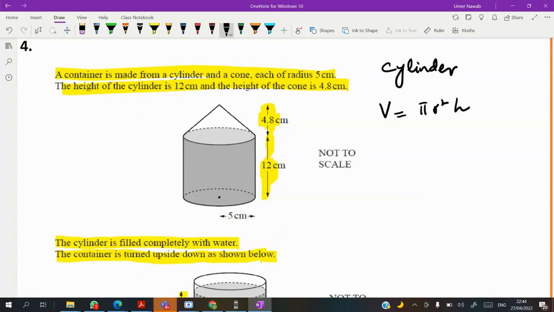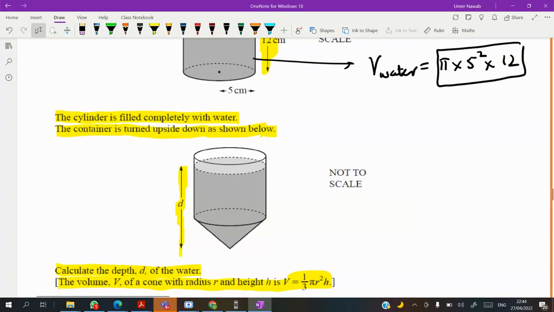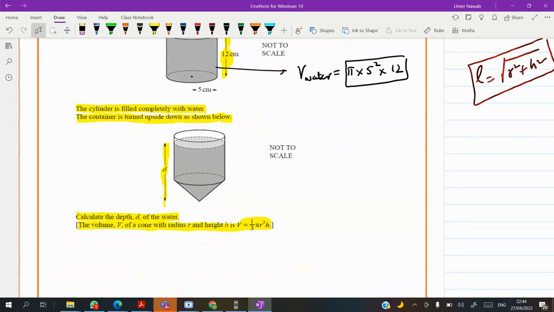Can I find the volume of the cylinder, because the water inside it is occupying the shape of a cylinder. So the volume of the water is pi, radius is 5, and the height is 12. This is the volume occupied by the water. But then they turned it upside down.